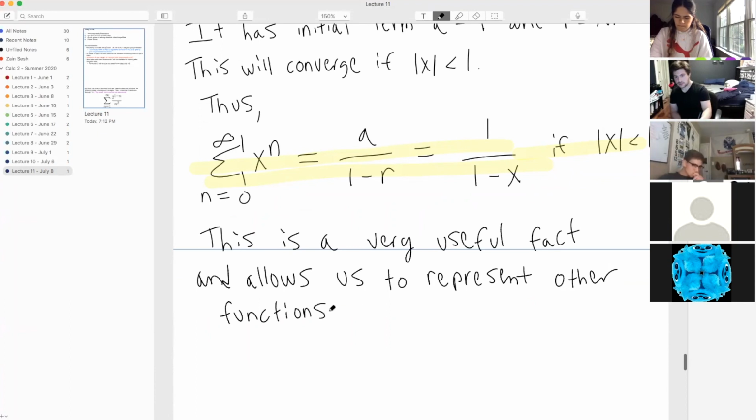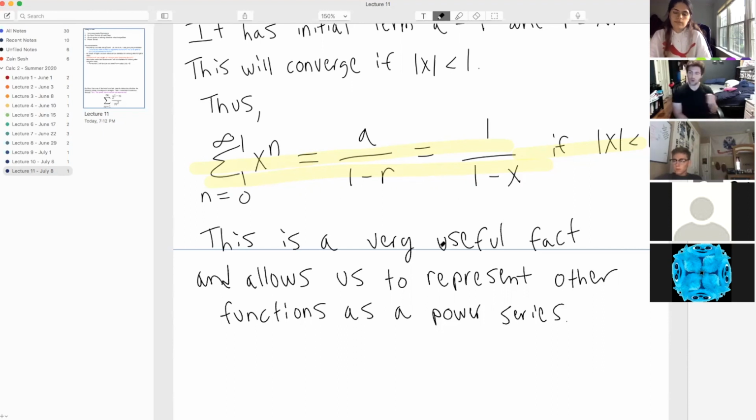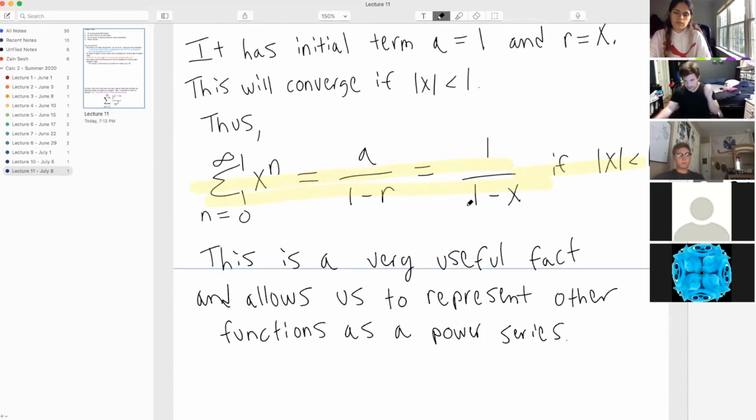We're going to be calling upon this highlighted portion, this identity, over and over again. Very useful. So please tell me now if you want me to explain this again, because it's very fundamental.